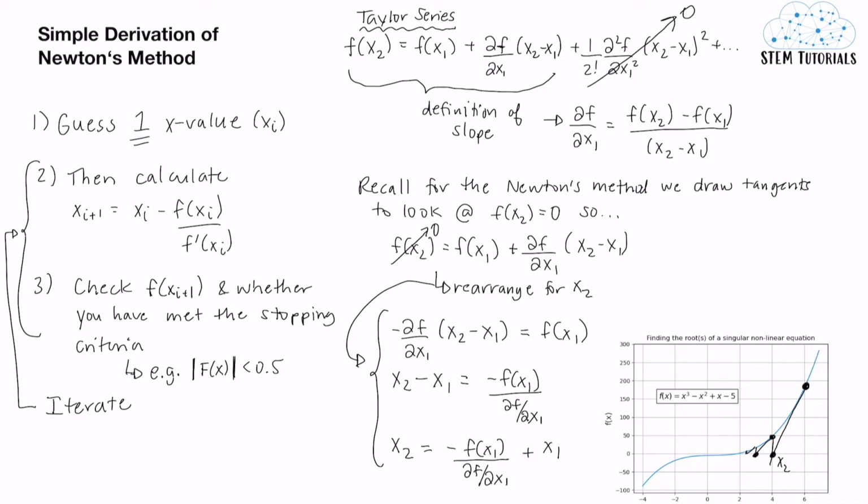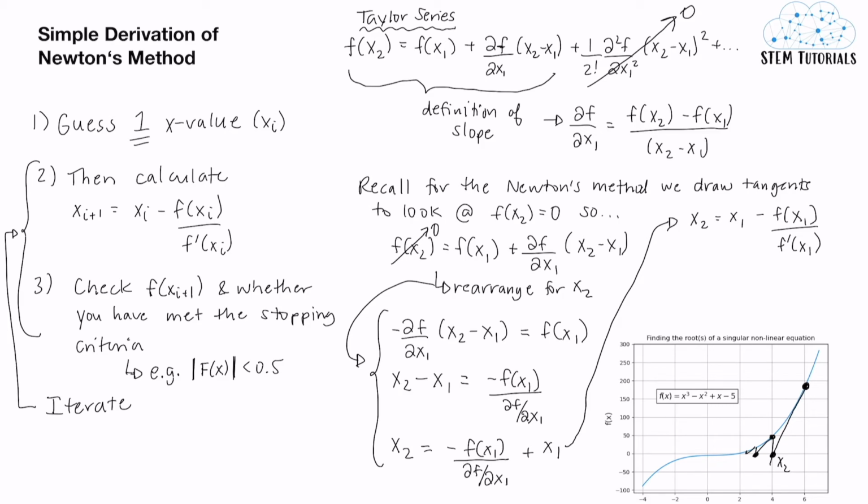Now we're running out of room, so we're going to continue writing up here. Then if we write it differently to get this form, we write x2 equals x1 minus f of x1 over f prime of x1.